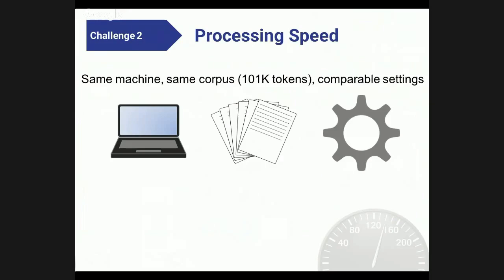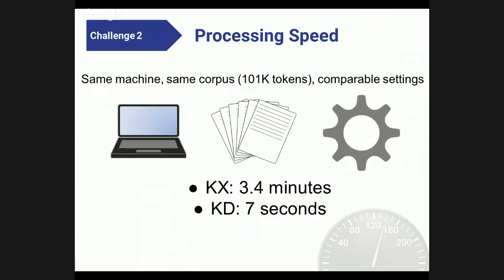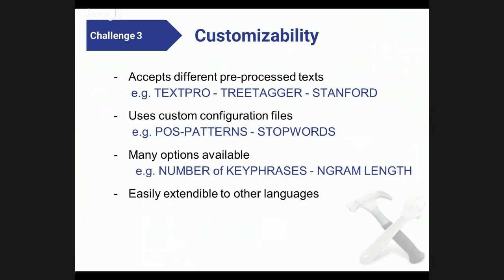For processing speed, we ran both tools, KX and KD, on the same machine, on the same corpus, and with comparable settings. And as you can see, KD is extremely faster than KX. So this improvement makes the integration of KD in web applications possible. Customizability is achieved with a set of features.